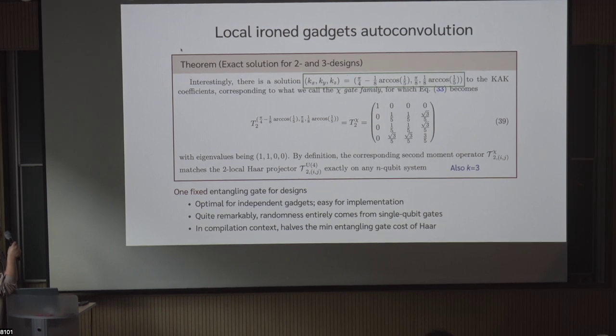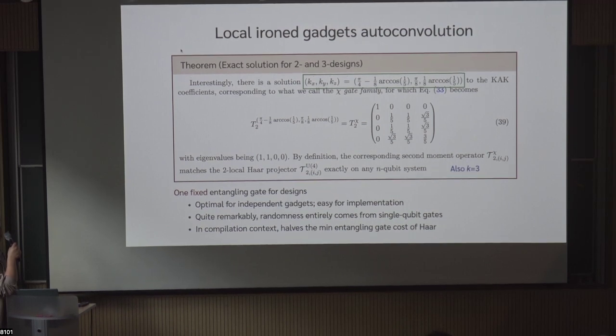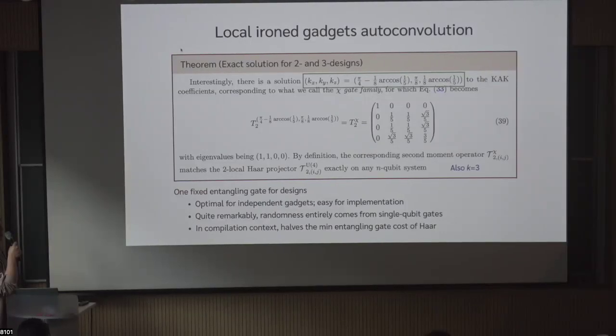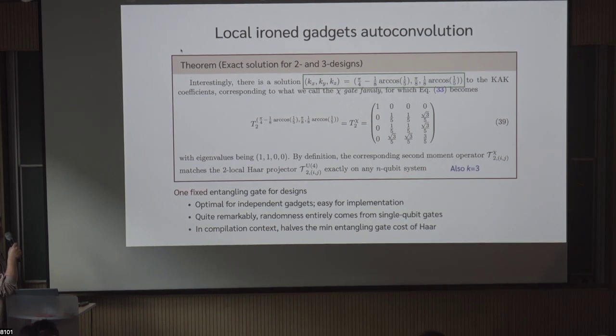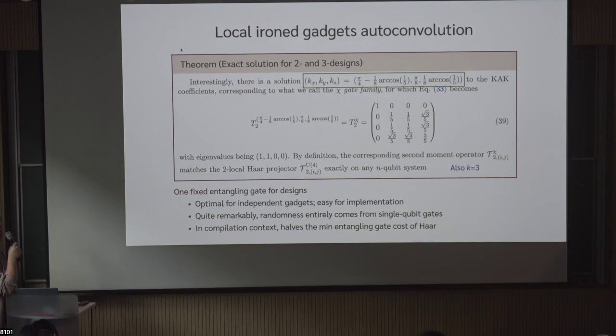Let me translate this a little bit. This is saying that using one single gadget, one fixed two-qubit gate in the middle and single-qubit Haar random gates sandwiching the two-qubit gate, this simple gadget already gives us exact 2 and 3 designs.